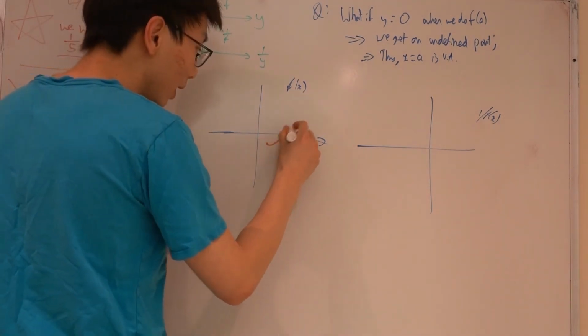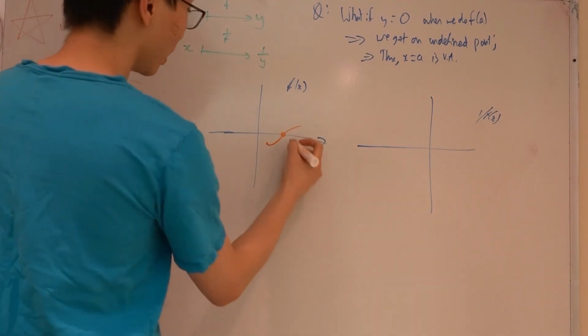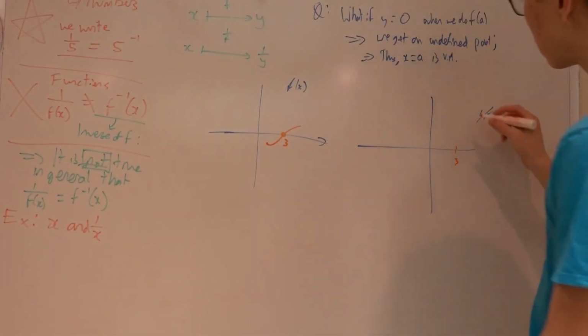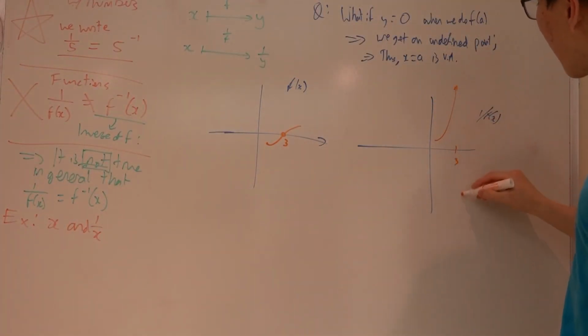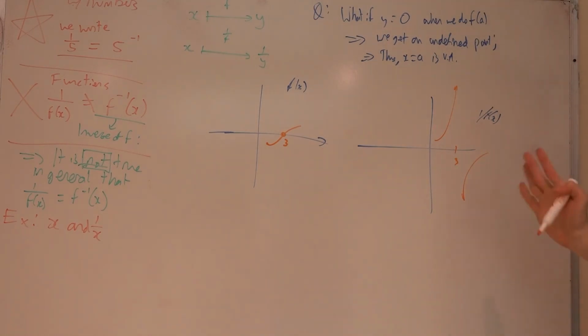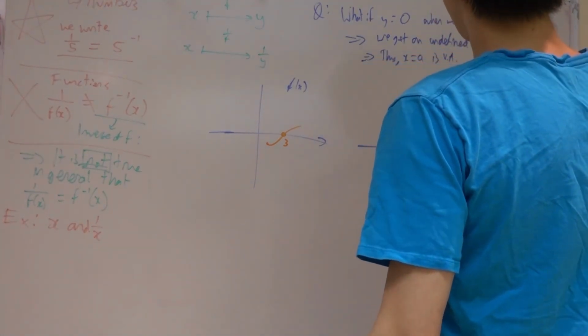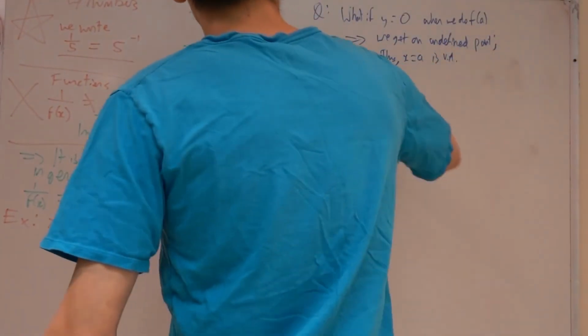Let's say your graph does this, and whenever it hits 0, let's say this point is like 3 or something, that means we're just going to get a vertical asymptote at 3. Now I don't know exactly right now how this vertical asymptote is going to look. All I know is that it's going to be there. Okay? Maybe it's going to look like that, maybe both are going to the bottom, I don't know. But we're going to figure more about that later. Okay? So x equals a is a vertical asymptote.